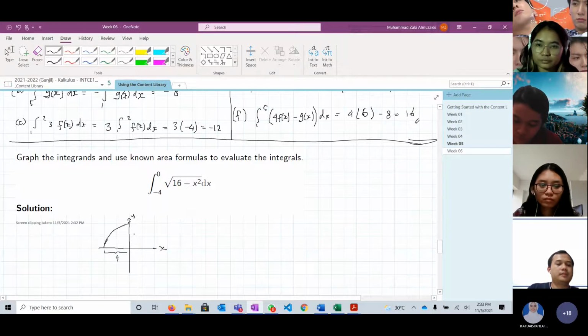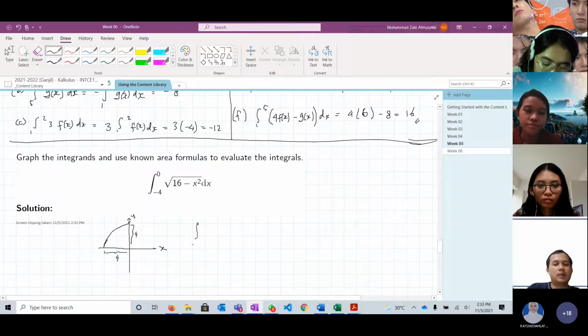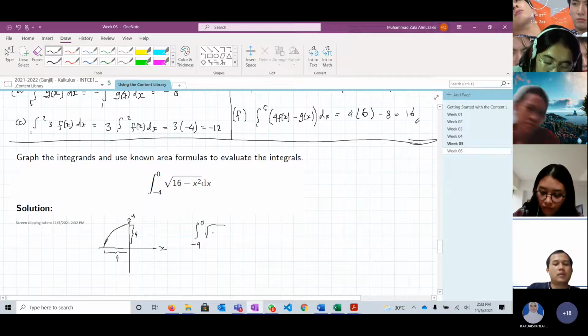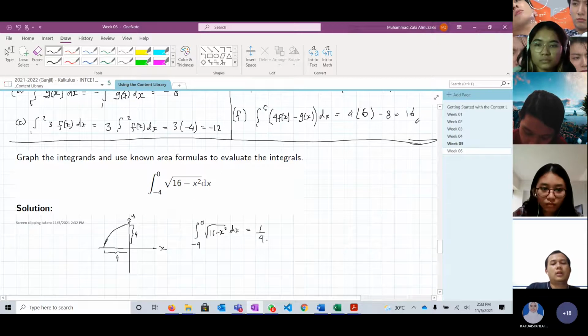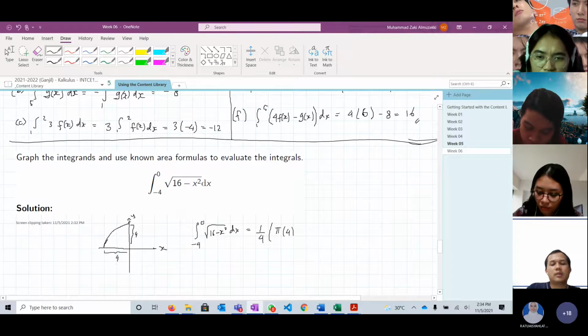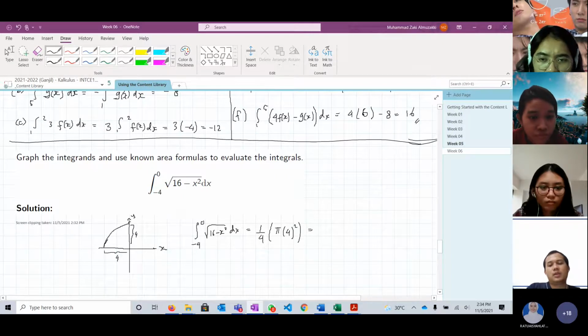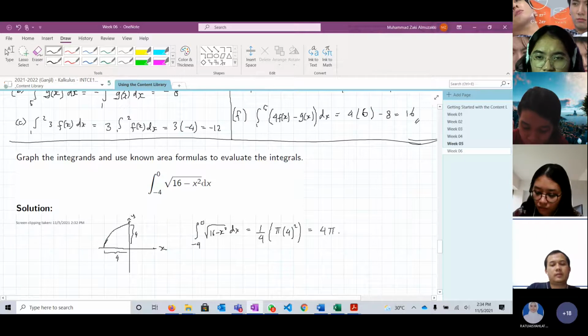So the integral from minus 4 to 0 of the square root of 16 minus x squared dx is basically 1 over 4 times the area of the circle, pi times 4 squared. So we have 4 pi.